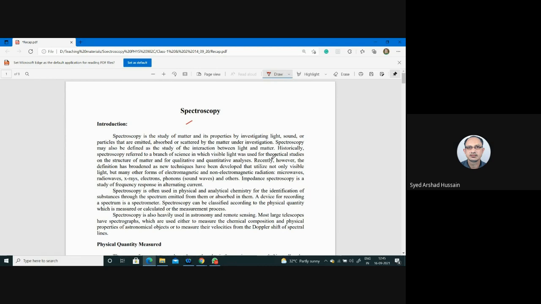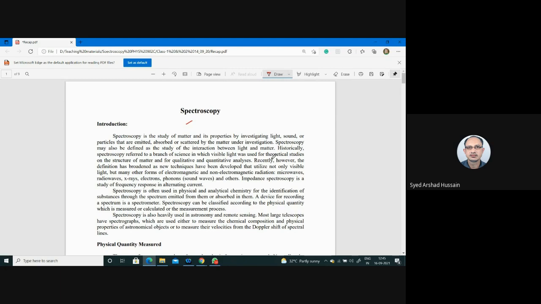Because you cannot see the structure visually, they do a series of spectroscopies, say FTIR spectroscopy, absorption spectroscopy, and NMR spectroscopy. NMR is very important for diagnosing individual molecules. So spectroscopy is used in almost all areas of science.